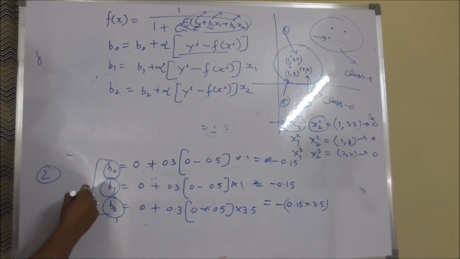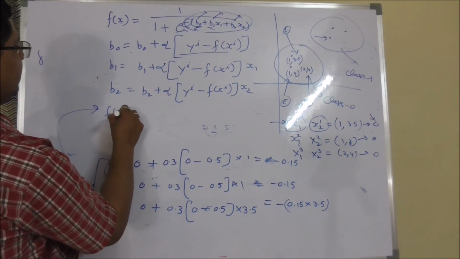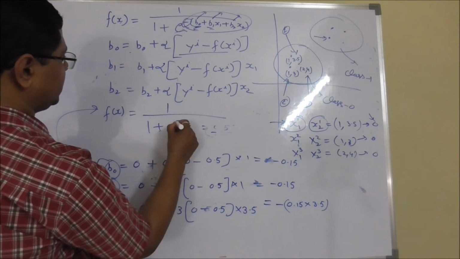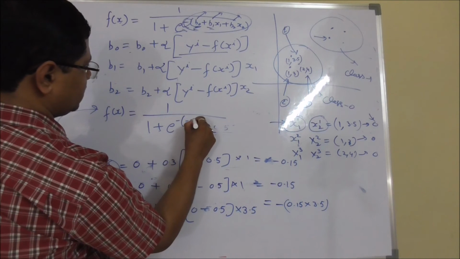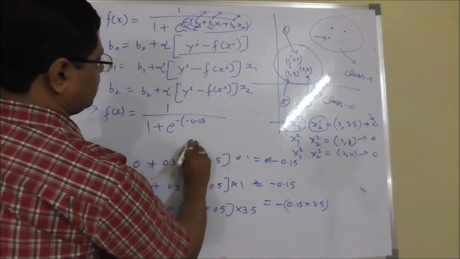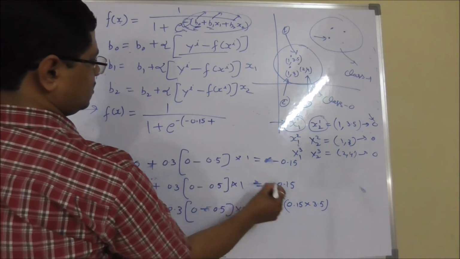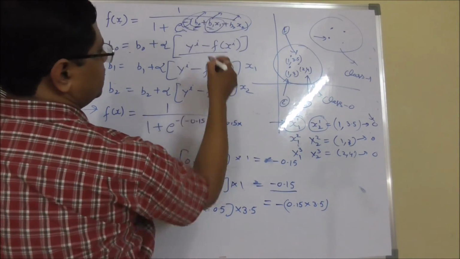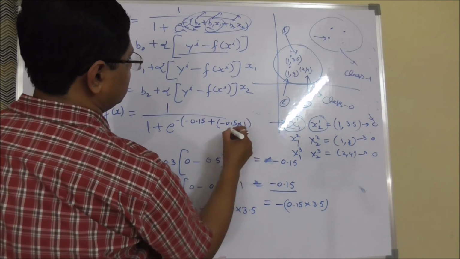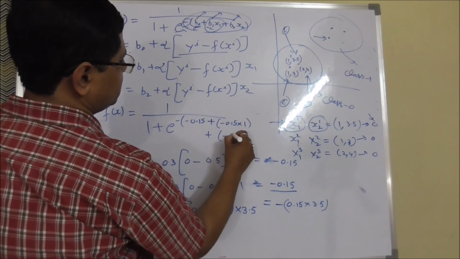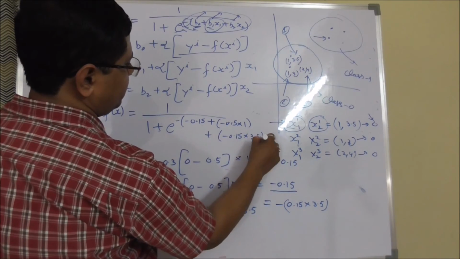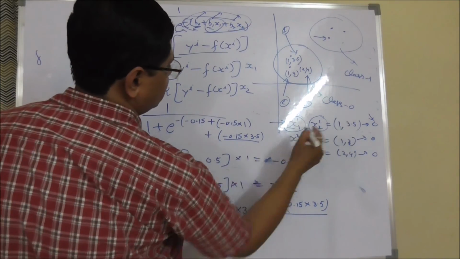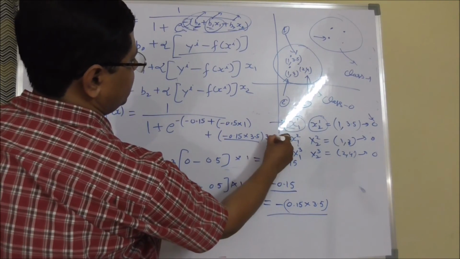So by using these values we can recalculate the value of fx in iteration 2 as 1 divided by 1 plus e to the power minus b0 is equal to minus 0.15 plus, again this is minus 0.15 into x1, so our x1 is 1, plus again minus 0.15 into 3.5, this is our value of b2 here, and into x2 which is again 3.5.